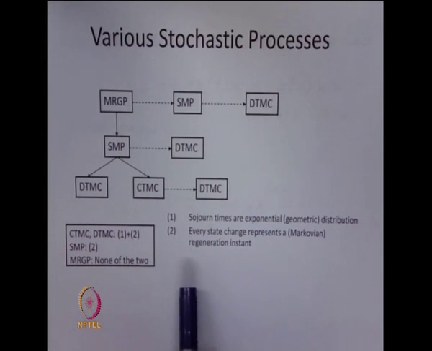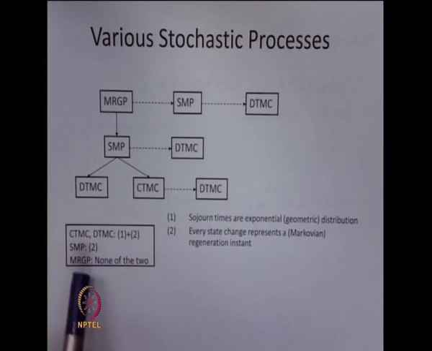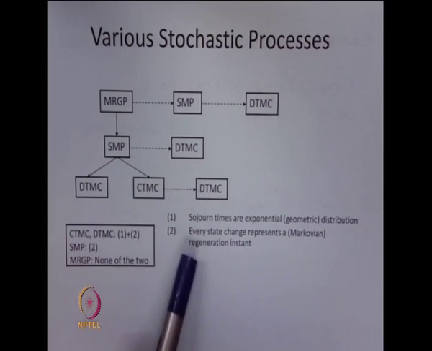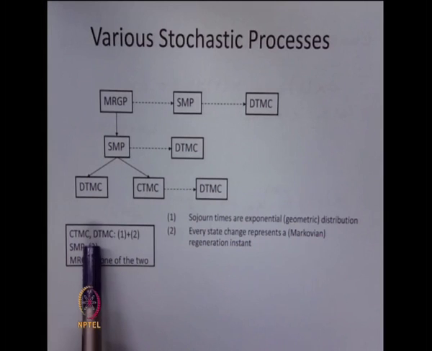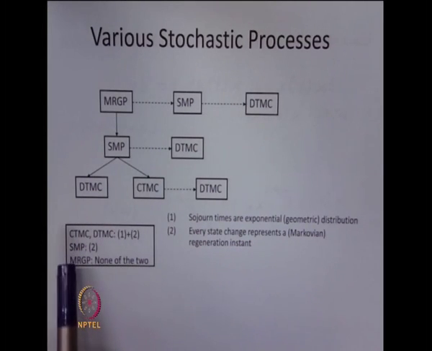So, these are the two important properties. One is that the sojourn times are exponentially distributed. The second one is that every state change represents a regeneration instant. Accordingly, we can classify the stochastic processes. The first one: if both the properties are satisfied, then the stochastic process is a Markov process.